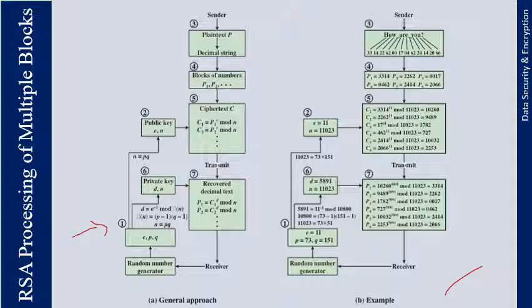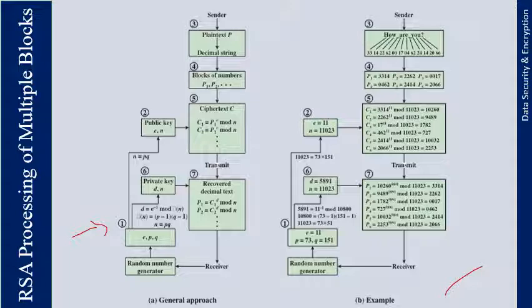In the first general approach, to generate a sequence of events for encryption of multiple blocks, we have a random number generator which will generate random numbers E, P and Q. The requirements were illustrated in the previous slides: P and Q should be prime numbers and different from each other, and E is a random number which is also less than the totient and relatively prime to the resulting totient.